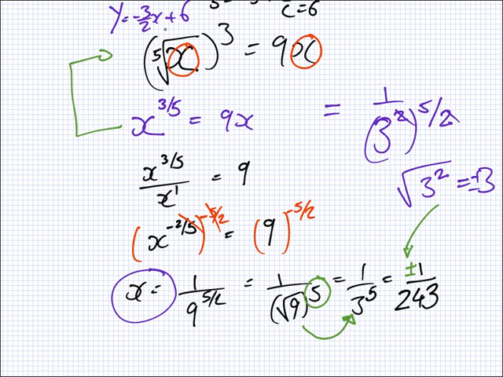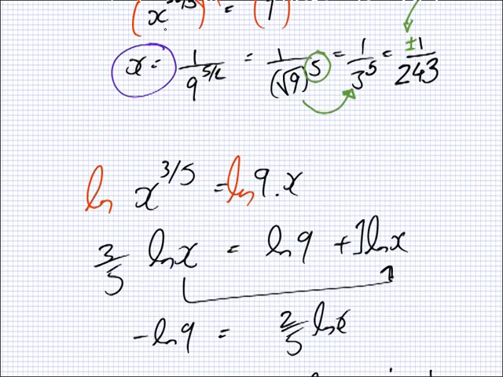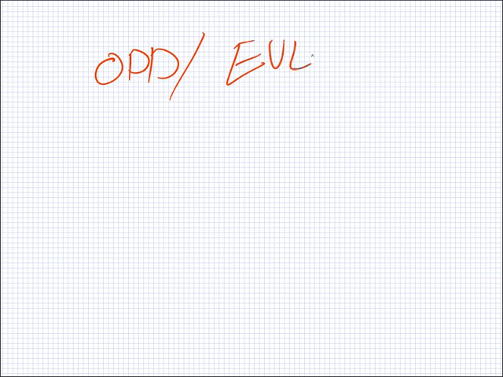So, I suppose my tip would be, and this is a good tip now, whenever you're solving these, at the very beginning, ask yourselves, is the power odd or even? If you're looking at lots of odd powers, then chances are there could be a plus minus answer. So here's an example.